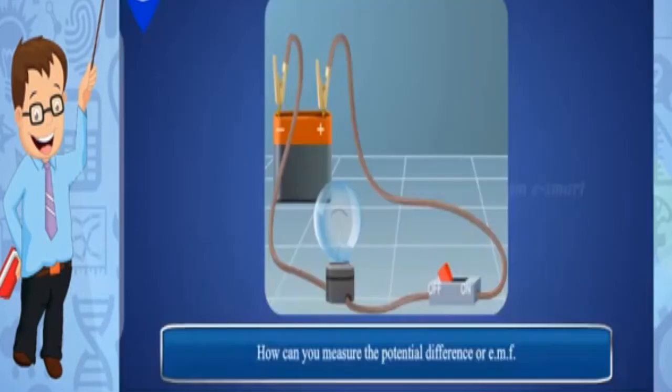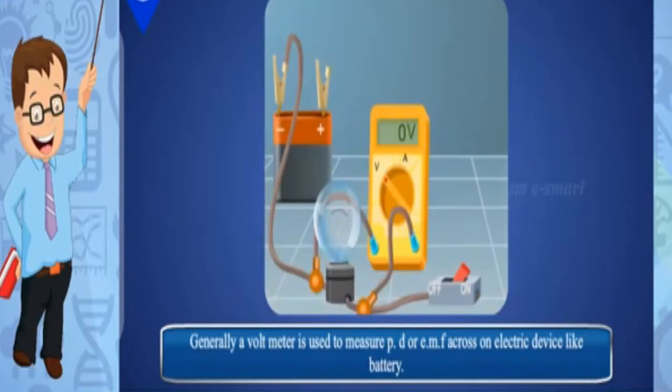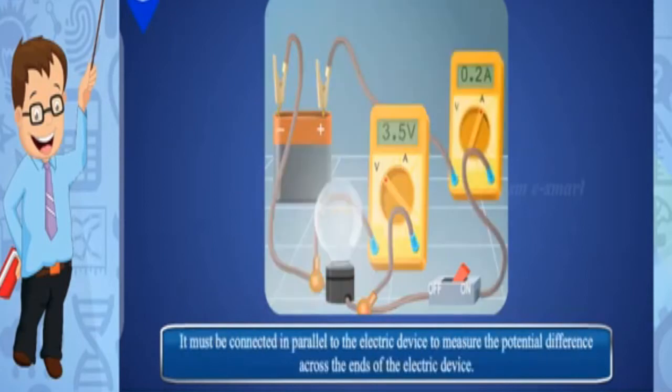How can you measure the potential difference or EMF? Generally, a voltmeter is used to measure PD or EMF across an electric device like a battery. It must be connected in parallel to the electric device to measure the potential difference across its ends.